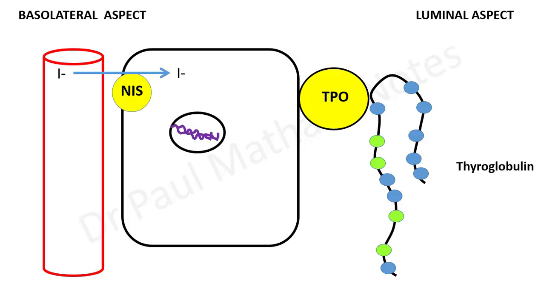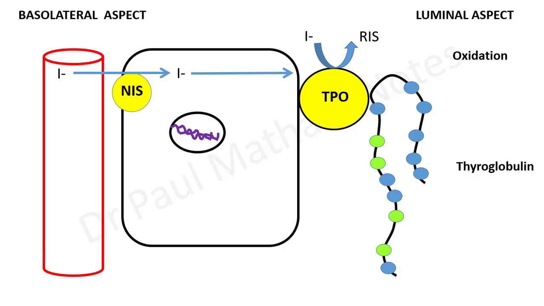As it moves towards the luminal aspect, it encounters thyroid peroxidase enzyme. Now this enzyme will convert iodide in its ionic form into reactive iodine species. Now this process is what we call oxidation.